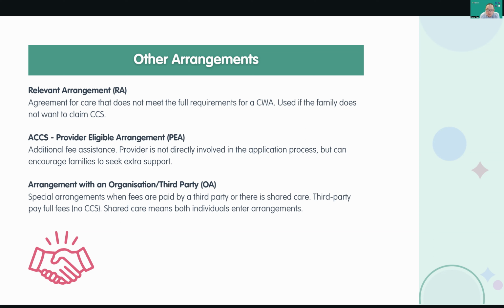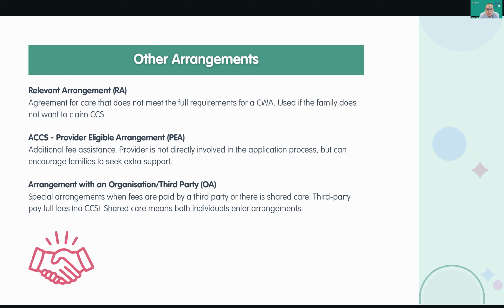ACCS, Child Wellbeing Provider Eligible Arrangement, a PEA. So we went through ACCS last week, and specifically around child wellbeing. So in the event you have a child that's, I guess, in danger, or you're concerned about their wellbeing, you can put them under a PEA arrangement, okay, which means you don't have to have them under a CWA.